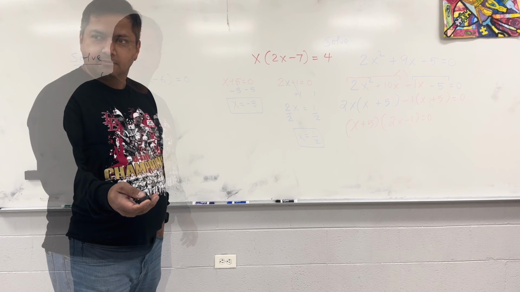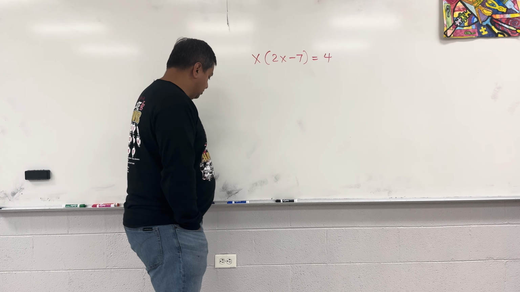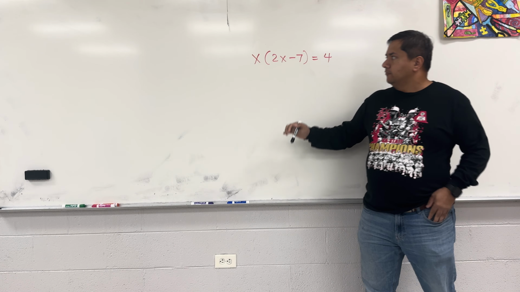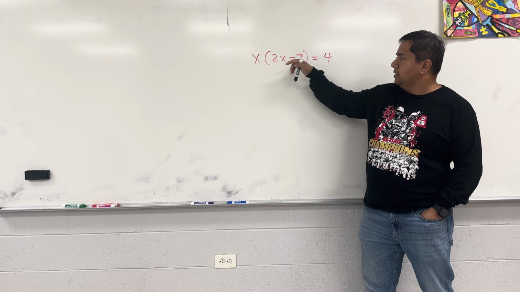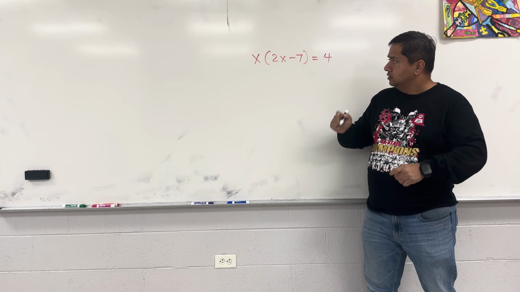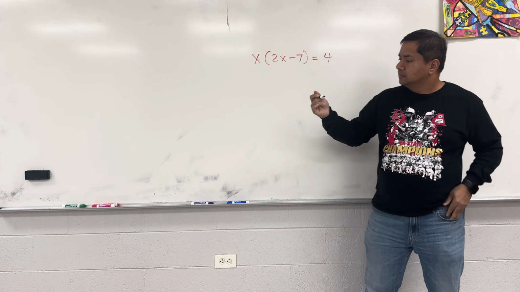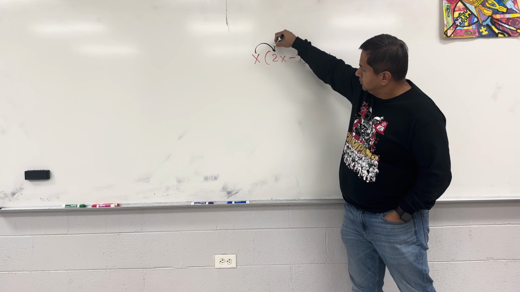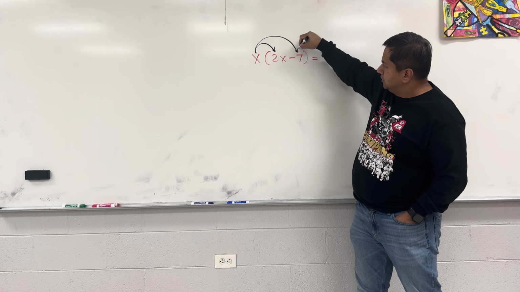All right, so the next one, you have x parenthesis 2x minus 7 equals 4. So what we need to do here is we need to take this x and distribute this in.